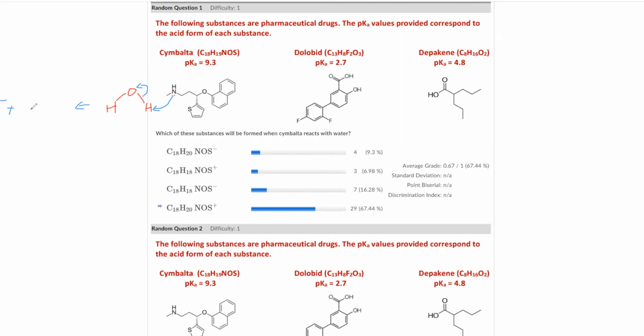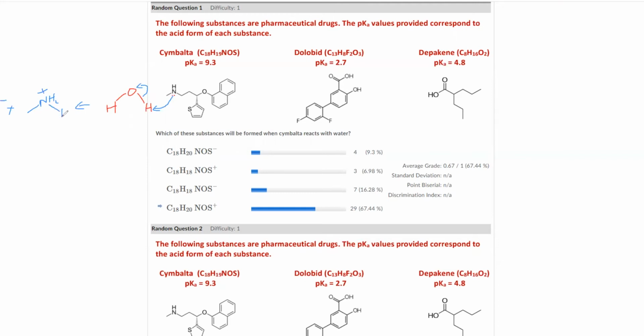It's going to produce OH minus ions plus whatever this molecule is, and it's going to have an extra proton now. It has one hydrogen here right now, and after accepting a proton, it's going to have 2 hydrogens. It's going to have a plus charge as well.